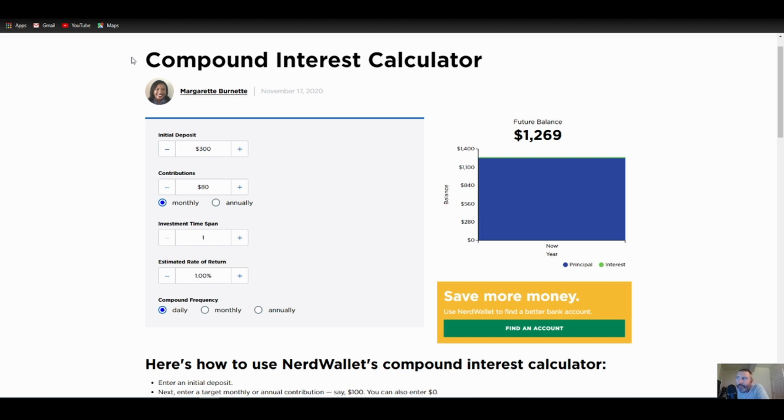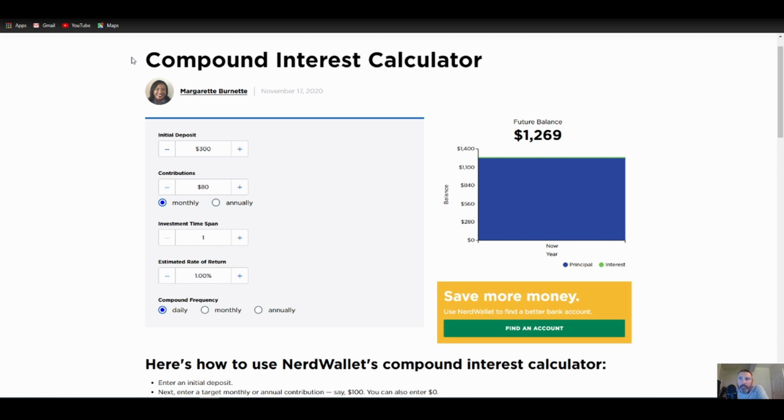With that being said, the way I did the math by myself before finding this compound interest calculator: my initial deposit is $300, a $300 opening balance in an American broker. And then every Friday, at the end of the business day, I will deposit $20 into my FX account to help the equity curve out a little bit and to also help the compounding effect out a little bit.